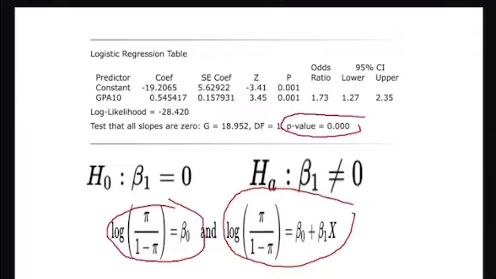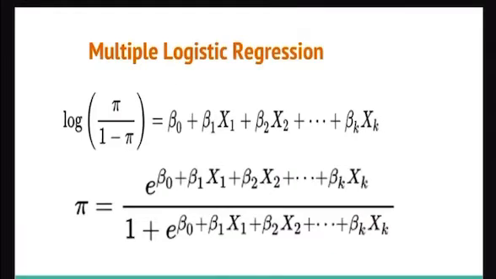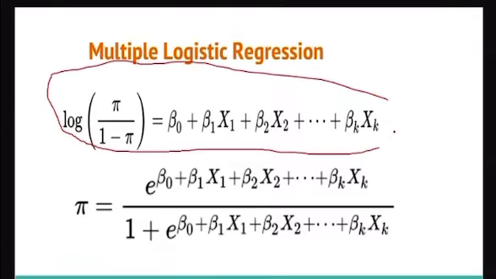Now, I'm going to take you to the multiple logistic model. Look at this. This is the logit form of a multiple logistic regression model. This is an extended form, right? And this is the probability form. Take a look at that.